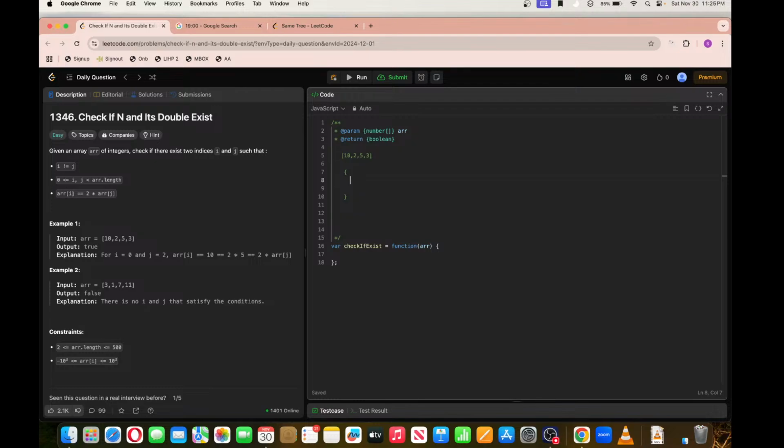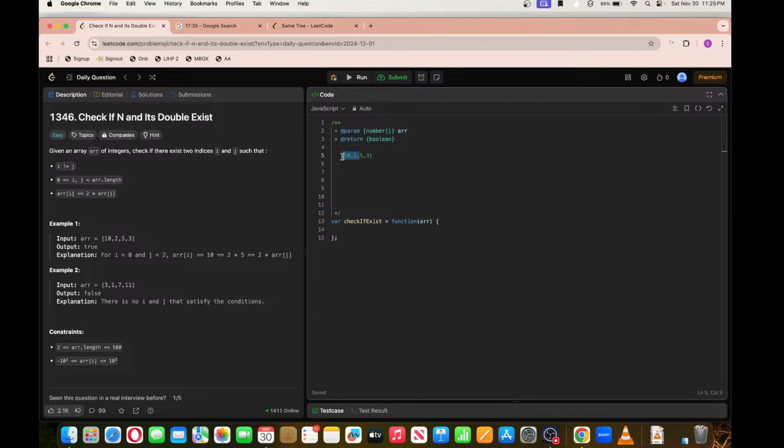So only if I create a hash map, right? I mean, there should be some way to know, isn't it? So this is 10, and this is 2, and this is 5.